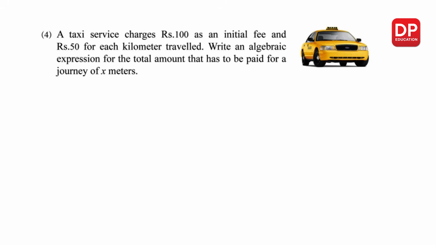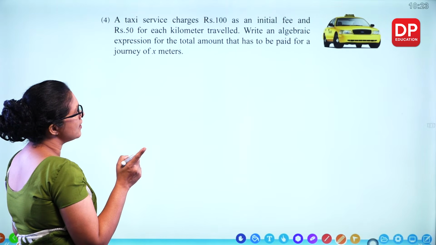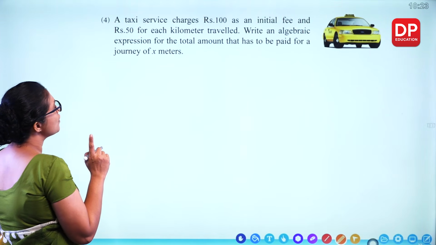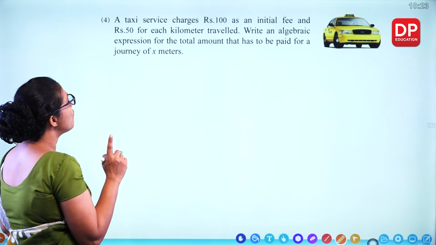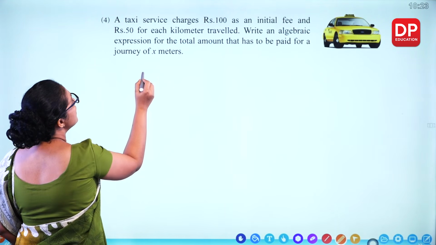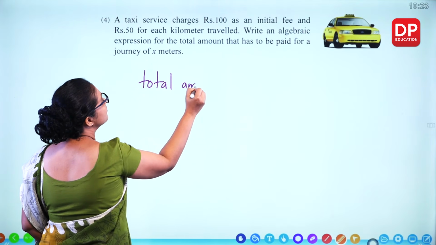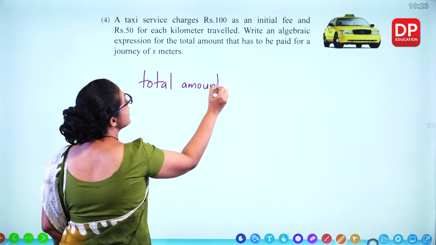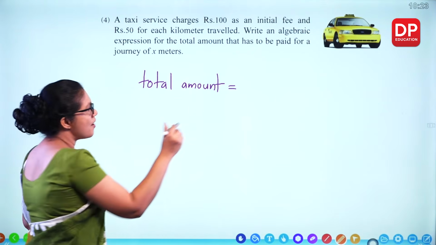Question number 4. A taxi service charges 100 rupees as an initial fee and 50 rupees for each kilometer traveled. Write an algebraic expression for the total amount that has to be paid for a journey of x kilometers. So the total amount is equal to, initially 100 rupees.